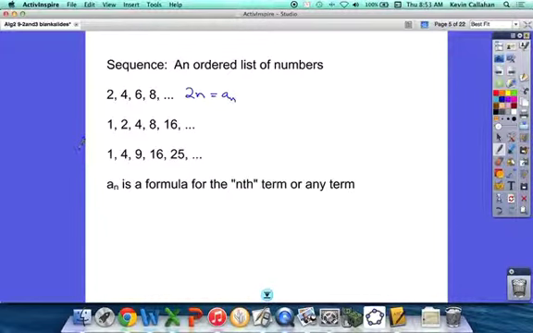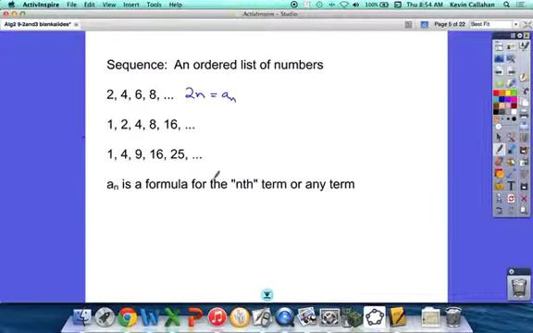If I plug in 4, that'll give me the fourth term, and it's 8. That's correct. What if I wanted to find some term that's not on there? It goes on forever. What if I wanted to find the 100th term? Then I would plug in 100. So the formula for a sub n is a formula that you can use to find any term in the sequence.